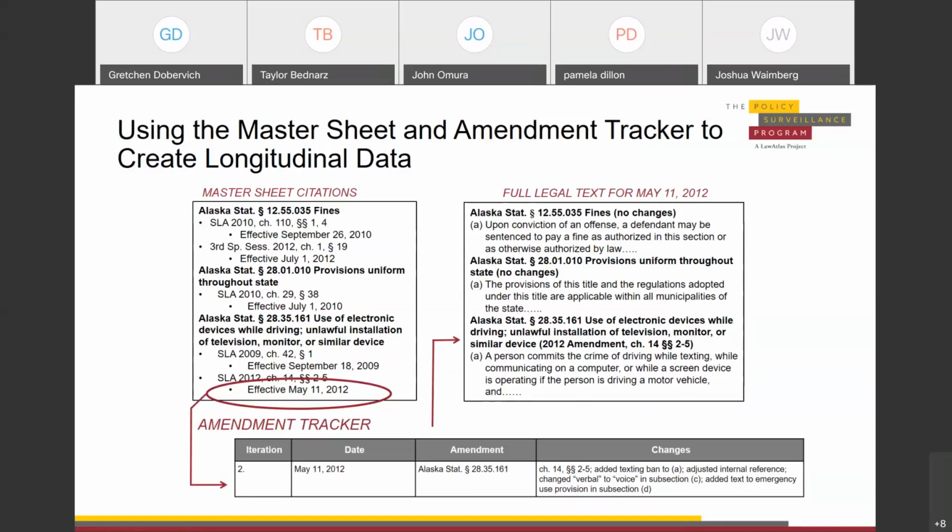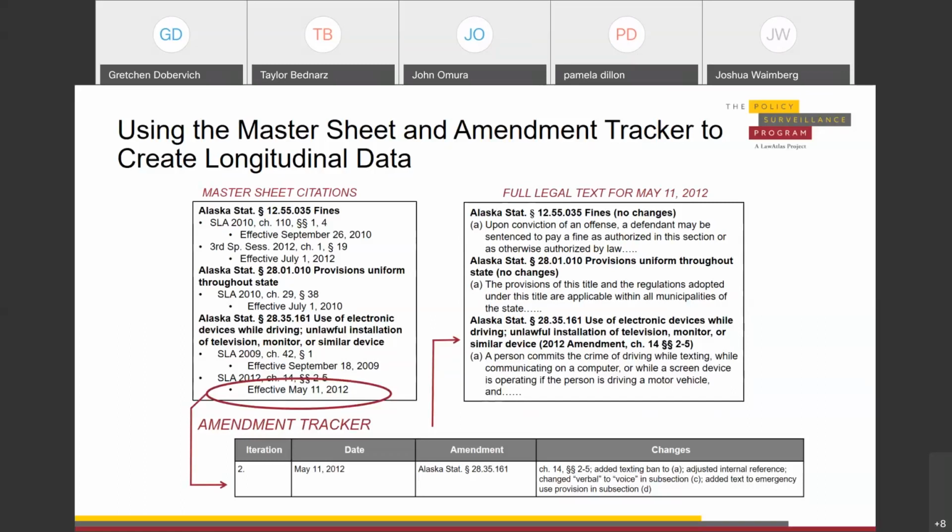So, for example, this is the legal text for May 11, 2012, and the researcher will then include the versions of the law of 12/30/55/035, which, as it existed from September 2010, 2801/010, which as it existed in July 1st, 2010, and then 2835/161 as it was amended effective May 11th, 2012.